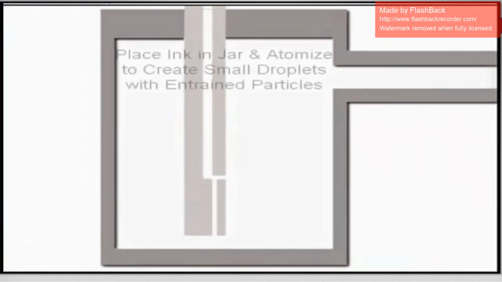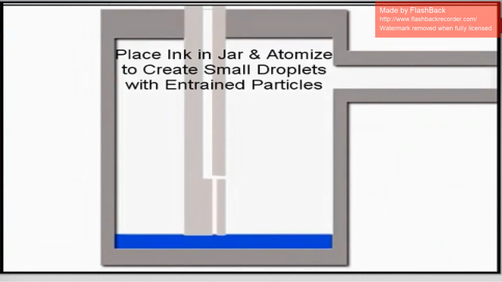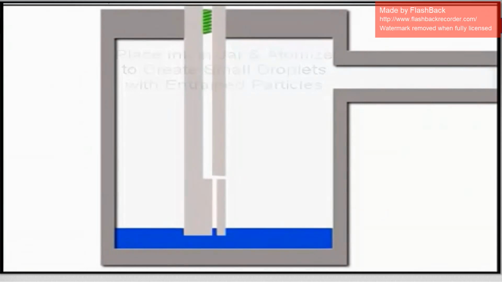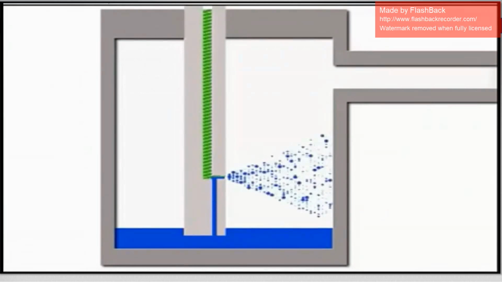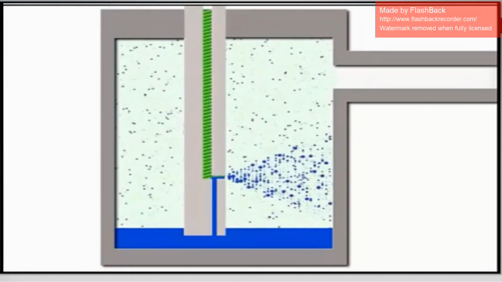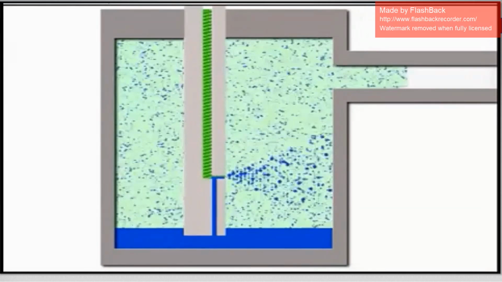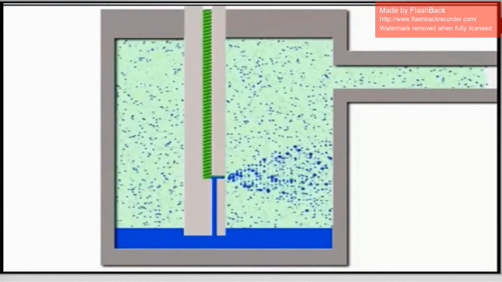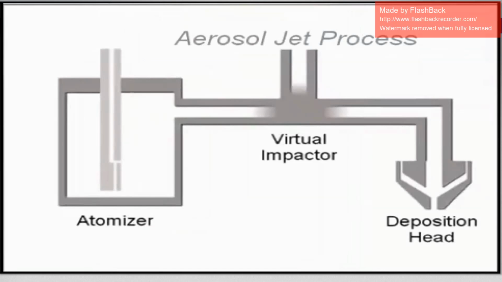So this is the video which shows how aerosol jet printing is done. Basically, the aerosol jet process uses aerodynamic focusing to precisely and accurately deposit the electronic ink onto the substrate. The ink is placed into the atomizer, which creates a dense mist of material droplets between 1 to 5 microns in diameter.